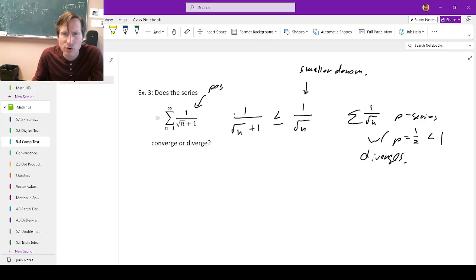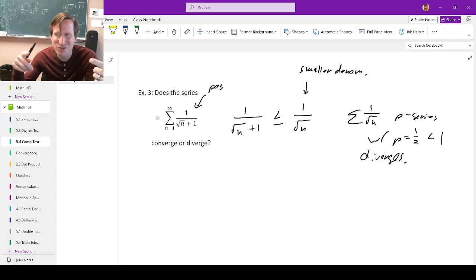Okay, so our series is smaller than a divergent series, but wait, that's backwards. We can't draw any conclusion from that, right? To use the comparison test, you either need to compare to a larger convergent series or a smaller divergent series.